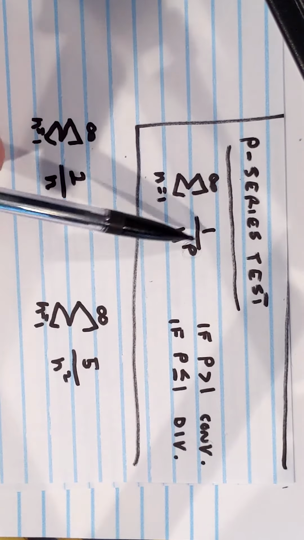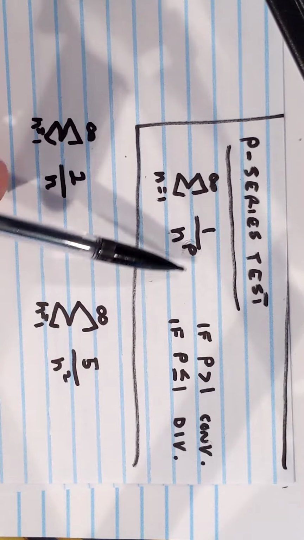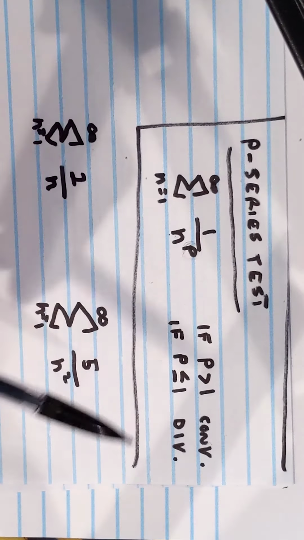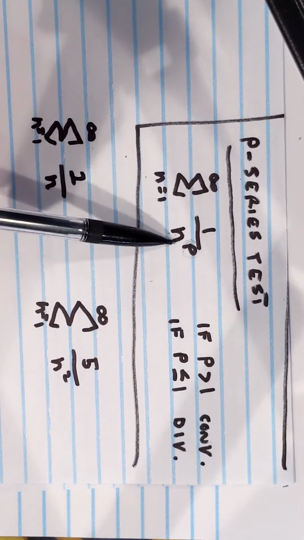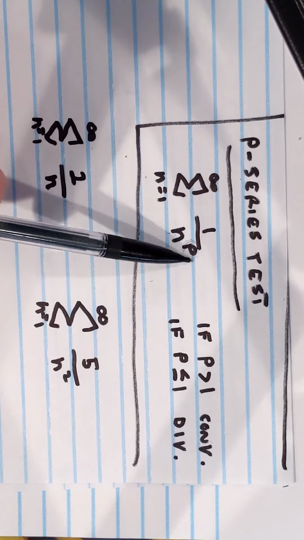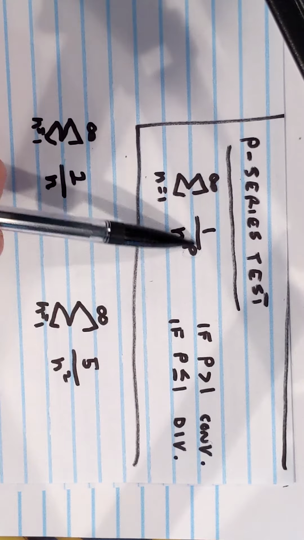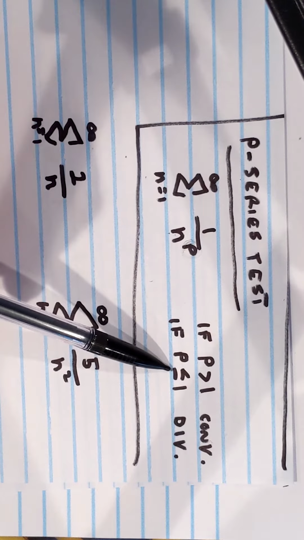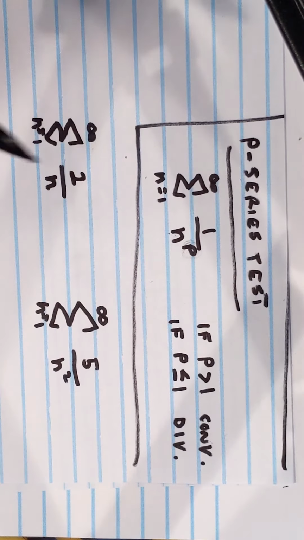Now, you're not always going to have a 1 on the top. You're not always going to have this on the bottom. We can do comparisons as well, but the key thing is that if you have something with a power greater than 1, it will converge. If this number here is less than or equal to 1, it's divergent.